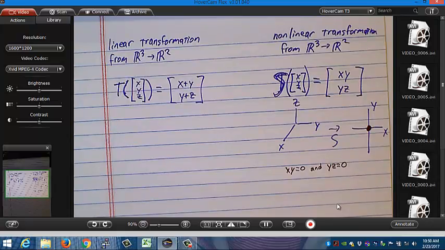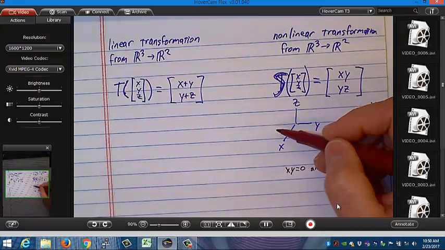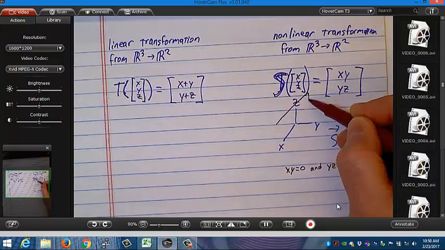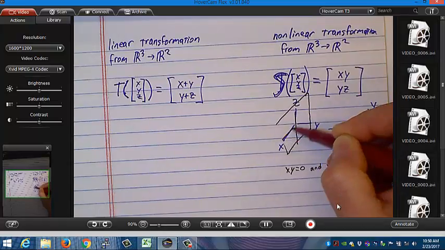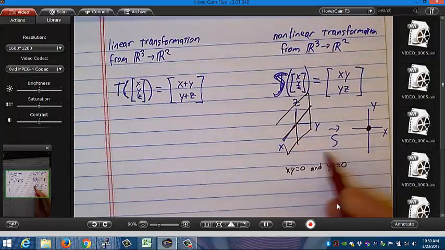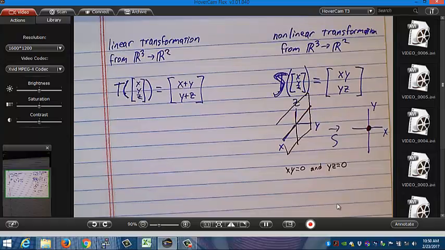If y is equal to 0, then, right? So that means this entire plane, the xz plane, somehow gets mapped to that single point. This is not what's called a linear transformation, okay?